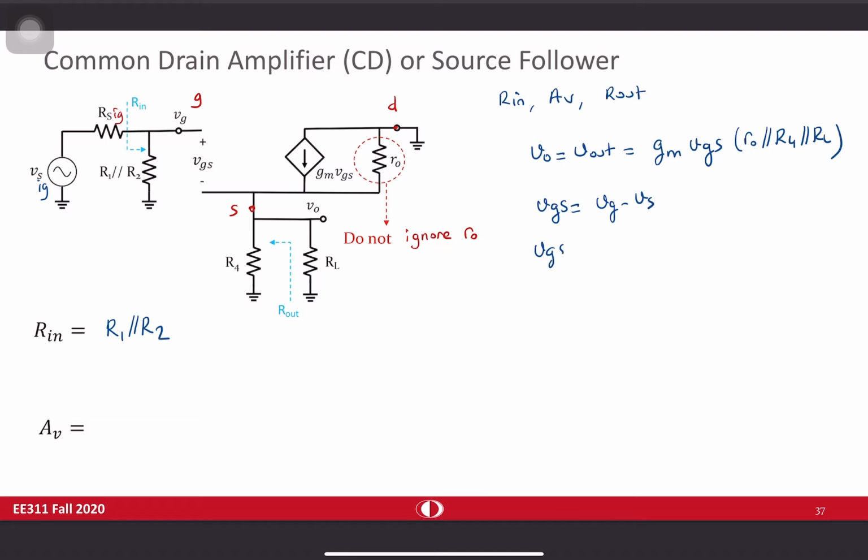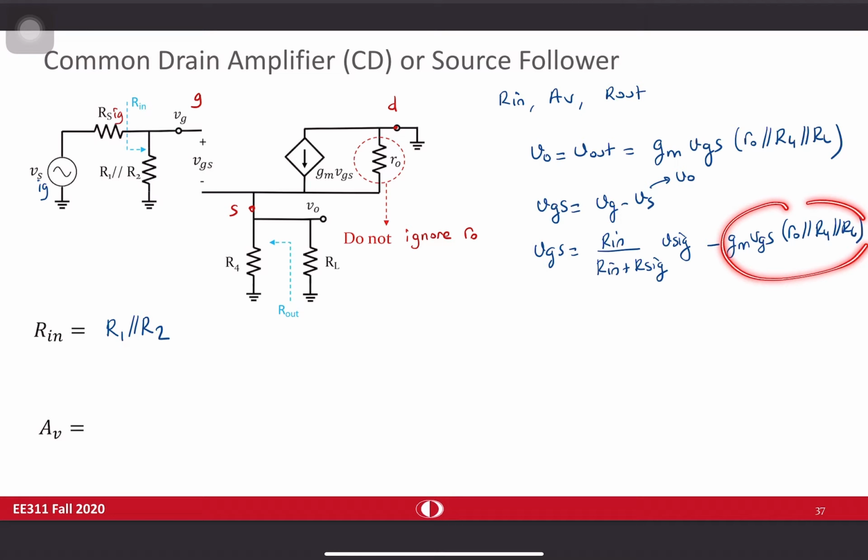So VGS is equal to Rin divided by Rin plus R signal times V signal minus Vs. And this voltage is equal to output voltage. So in fact, this is equal to V out, which we have found before. So I can write it as gm VGS R0 in parallel with R4 in parallel with RL.